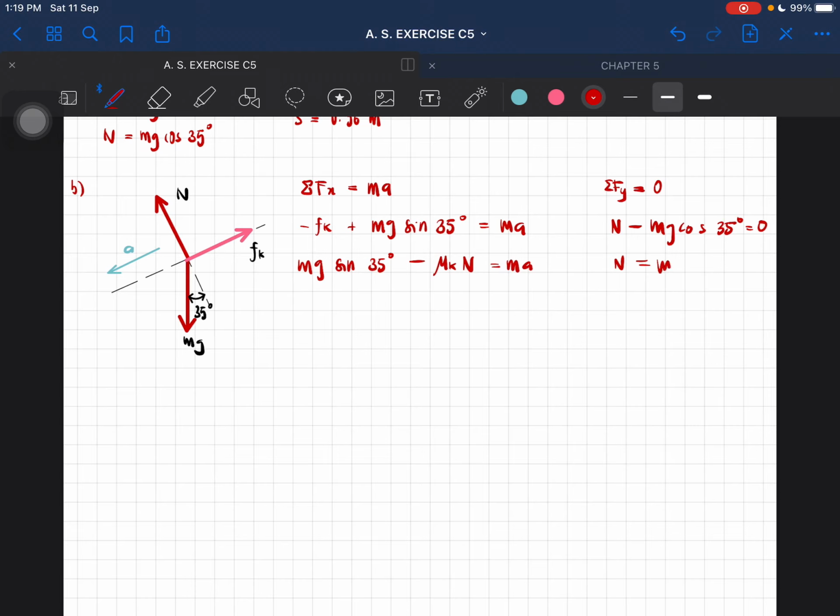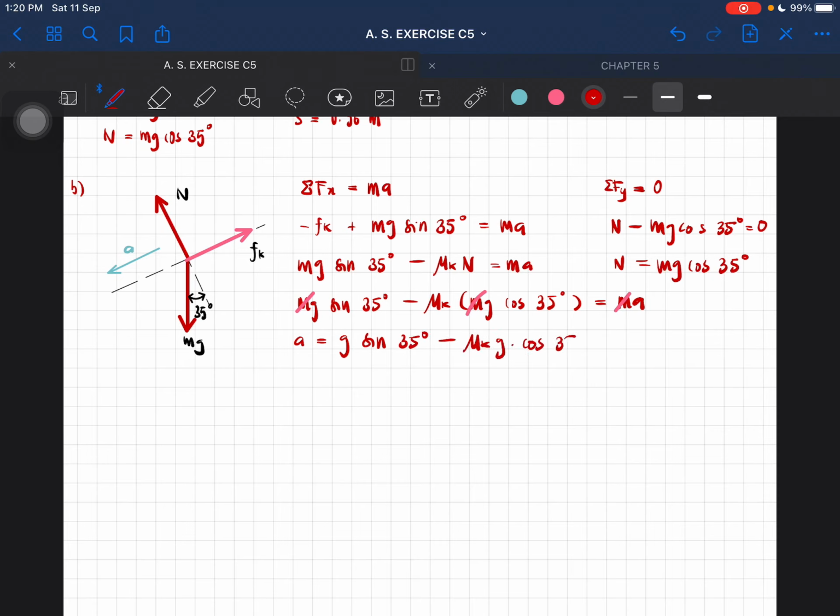So n is just mg cos 35 degree. So just substitute the values: mg sine 35 degree minus mu k mg cos 35 degree equal to ma. Again, we can cancel this value of m just to simplify our calculation. You then get acceleration is just g sine 35 degree minus mu k g cos 35 degree.